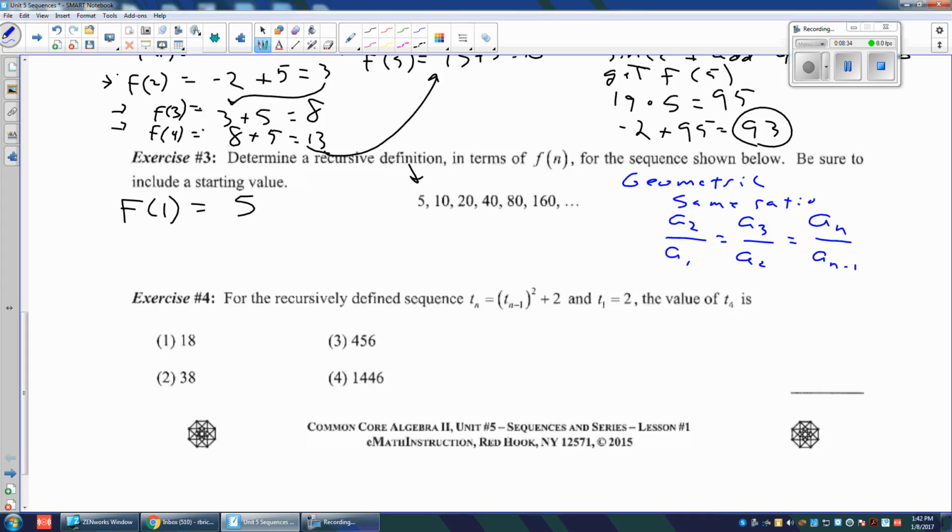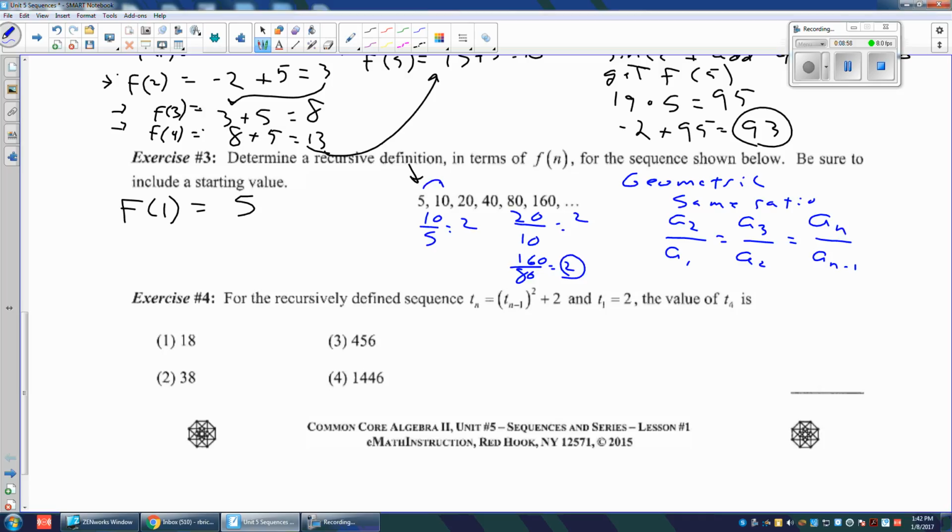So let's see what 10 divided by 5 is. That's 2. And that has to equal 20 divided by 10, which is 2. And let's check another one, like 160 divided by 80. That's 2. Okay, so this is the ratio. That's the constant.